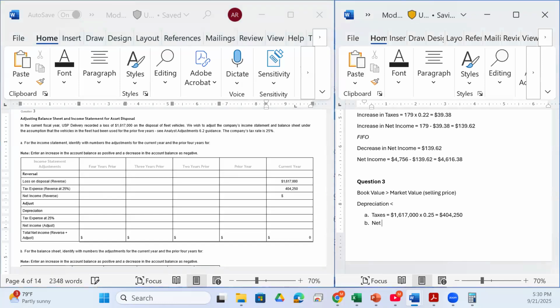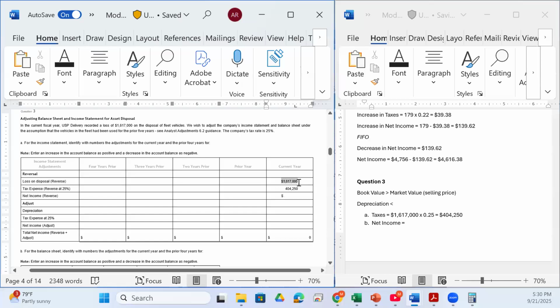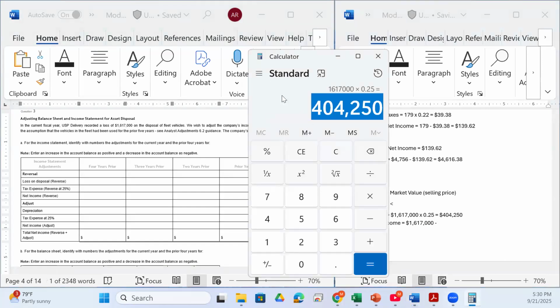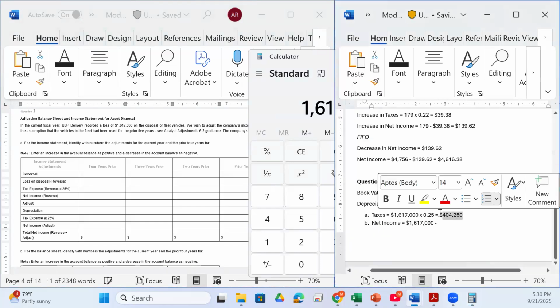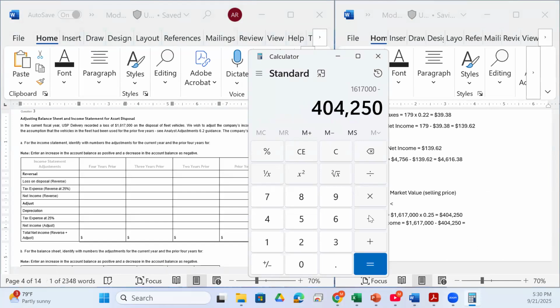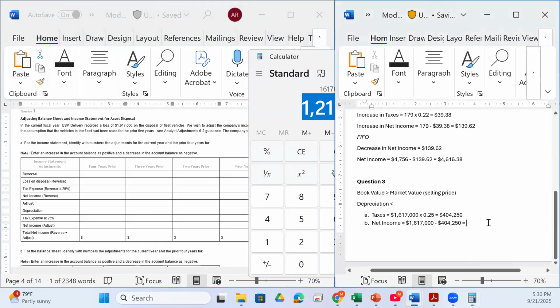So net income will be this minus this, right?